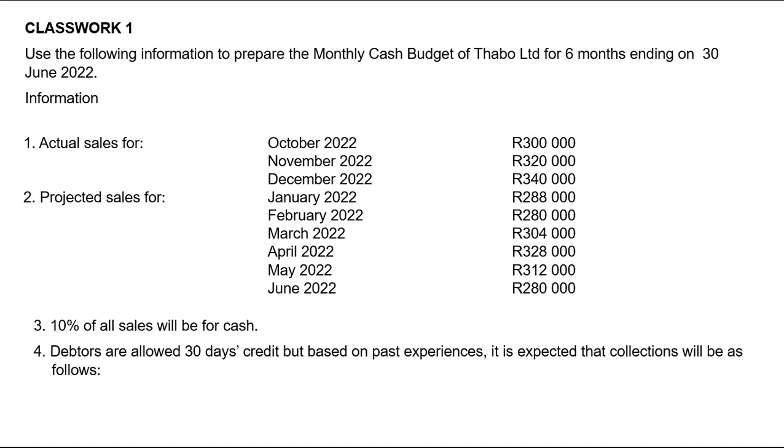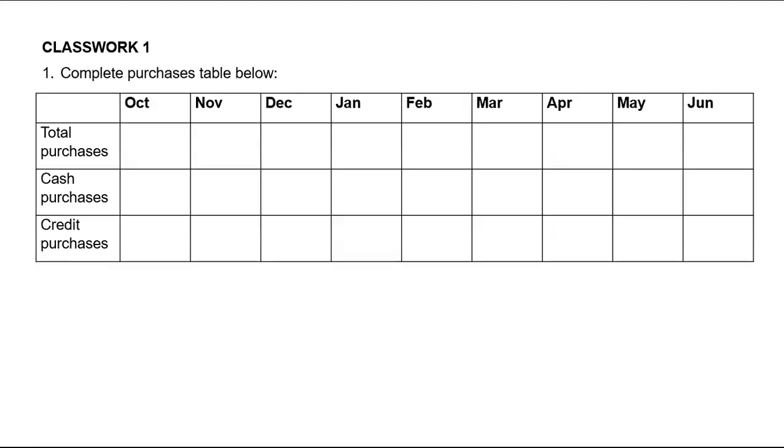So it will be 300 times 100 divided by 150, 320 times 100 divided by 150, 340 times 100 divided by 150 to get cost of sales, which is also equivalent to your total purchases. Once you have calculated cost of sales, which will be equivalent to your total purchases, this is what you will get.